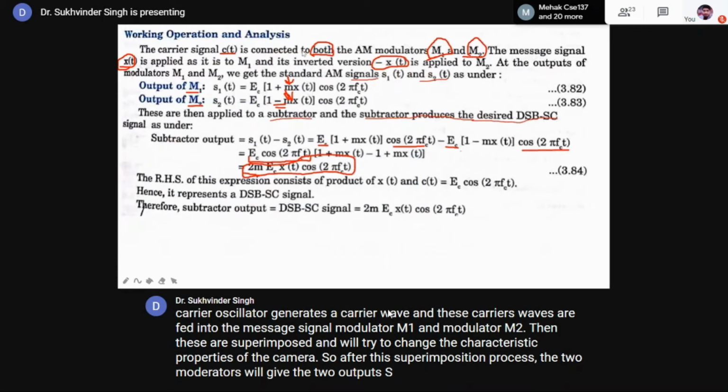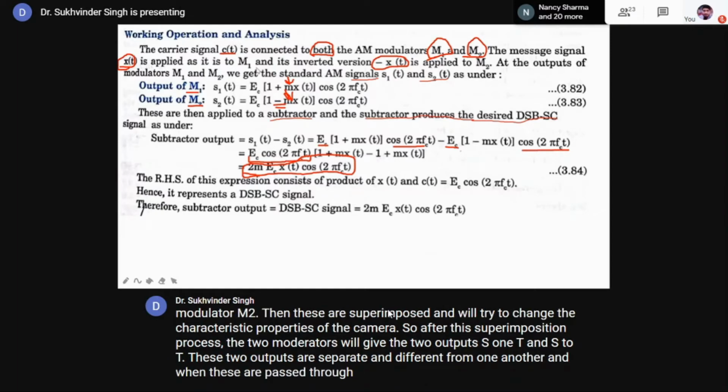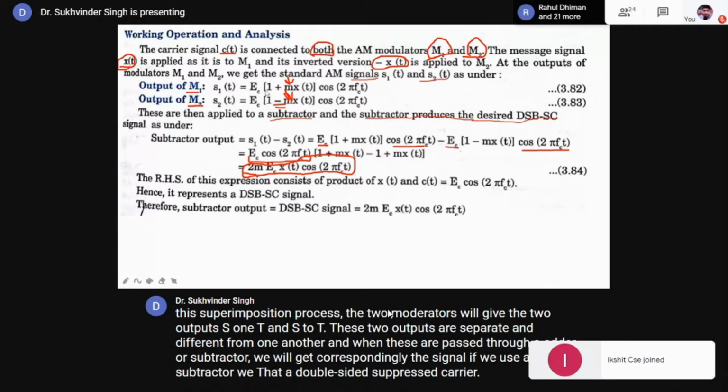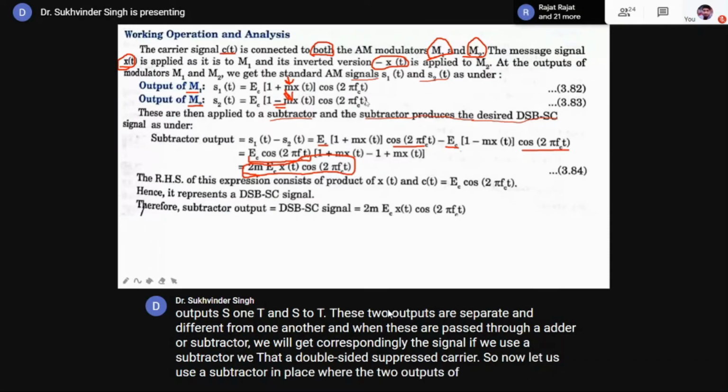So now let us use a subtractor, where the two outputs from the two modulators after the modulation process are fed. Let us say the output of modulator M1 is S1(t) and the output of modulator M2 is S2(t), which are equal to Ec[1 + m x(t)] cos 2 pi fct and Ec[1 - m x(t)] cos 2 pi fct.